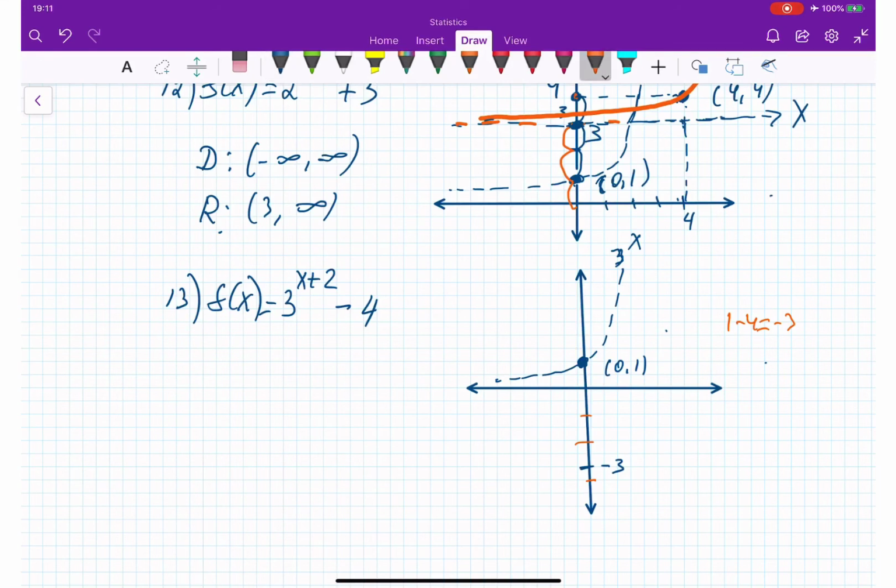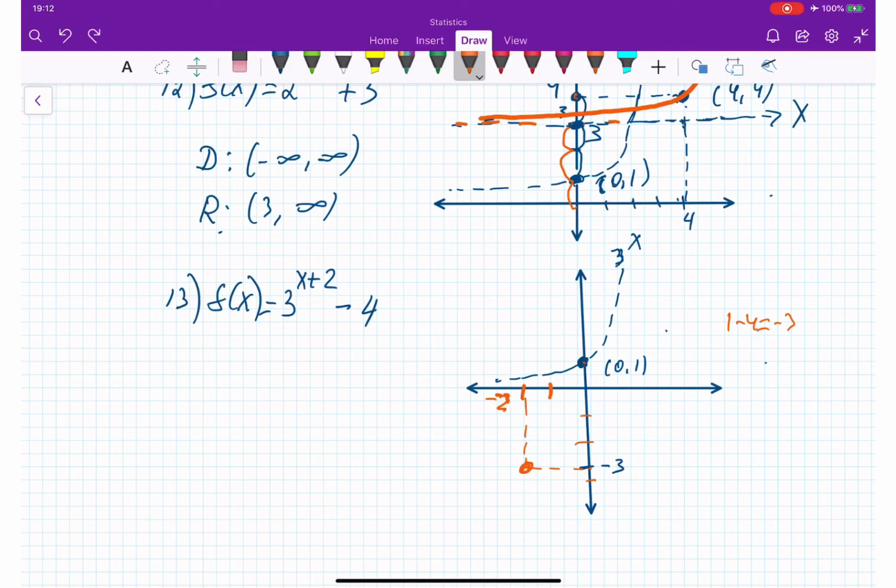But we have also plus 2, which is going to go towards minus 2. 1 and 2, negative 2. Which will come down here. So practically this point will move to this point, okay? Because we have shifting down by 4.